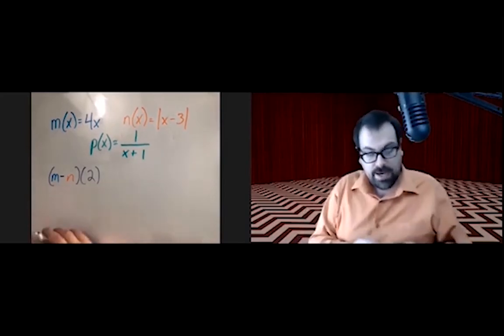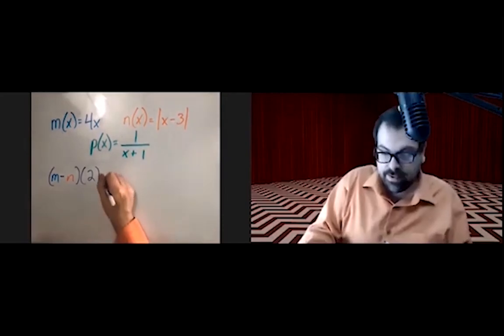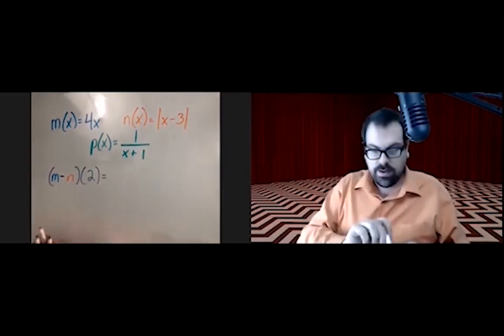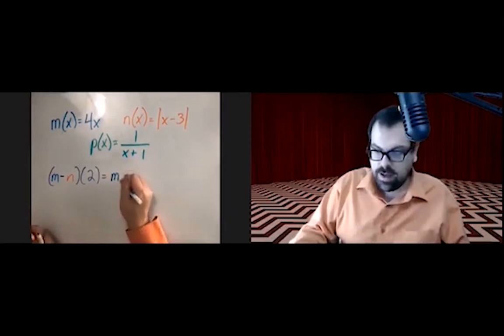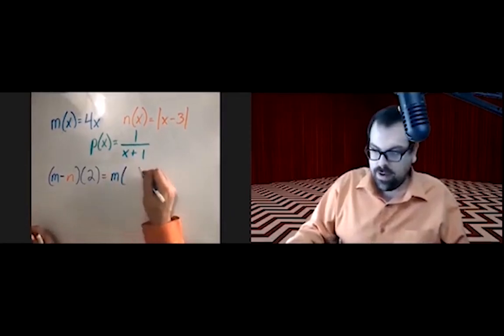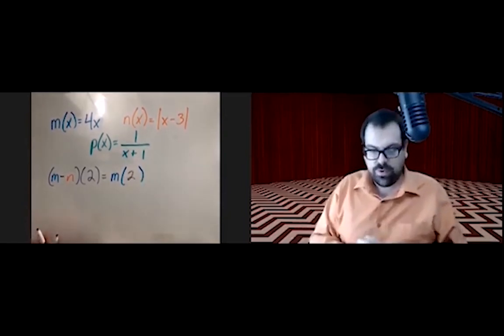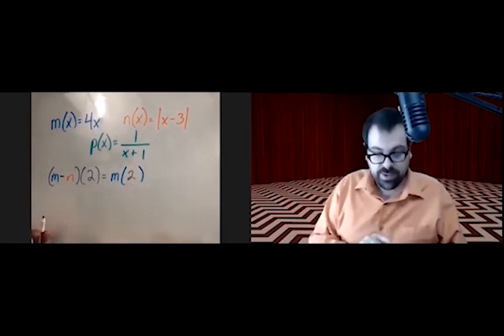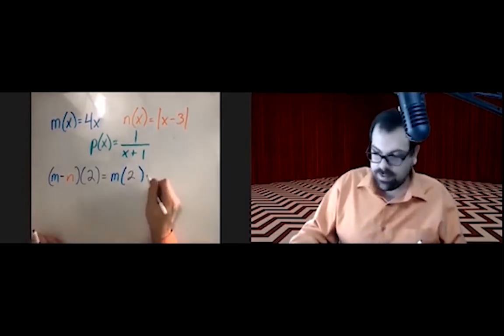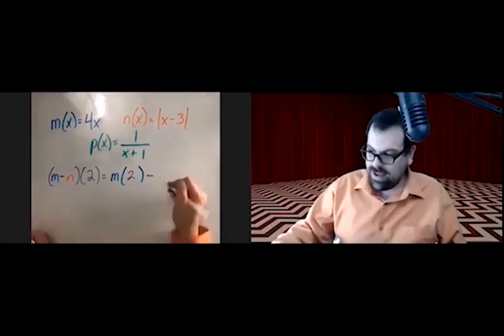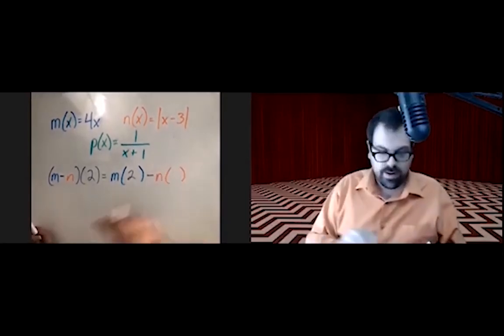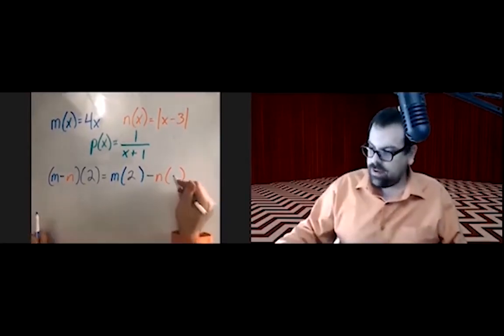M minus n means m of the function input, in this case, m of 2, minus n of 2.